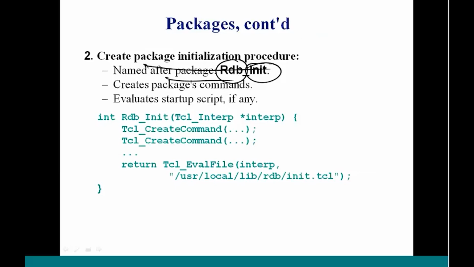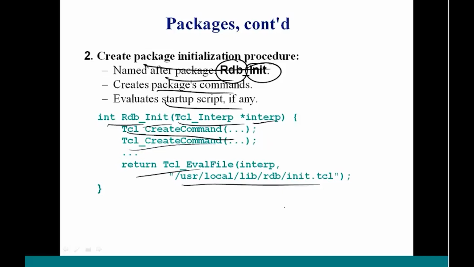This creates the package's commands and then evaluates any startup script if we specify. Here is an example: int Rdb_Init, Tcl_Interp star interp. Then we create the Tcl command first, Tcl_CreateCommand, and then return Tcl_EvalFile with that, and then the init.tcl.